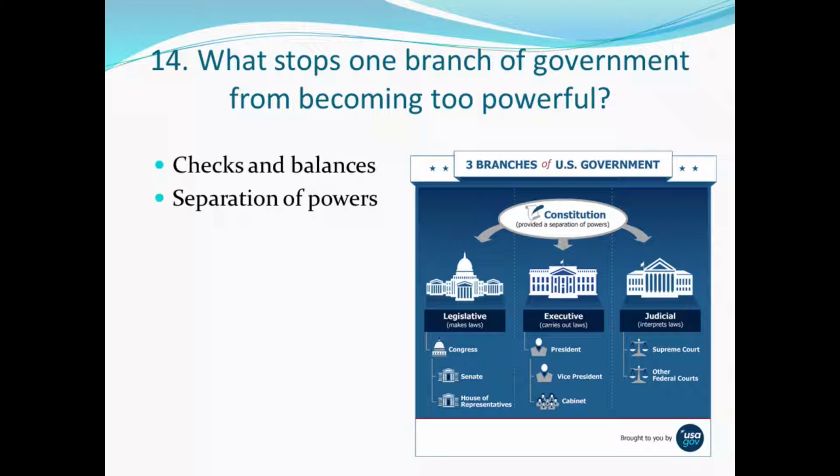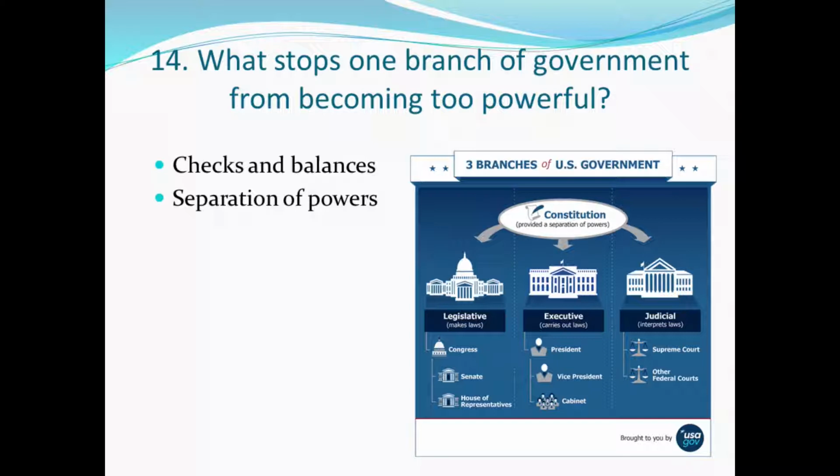Underneath there, those are the positions that make up the branches. These are the 3 pieces of government, and each one has their own role and serves their own purpose in the United States government. So let's talk about the legislative branch real quick.